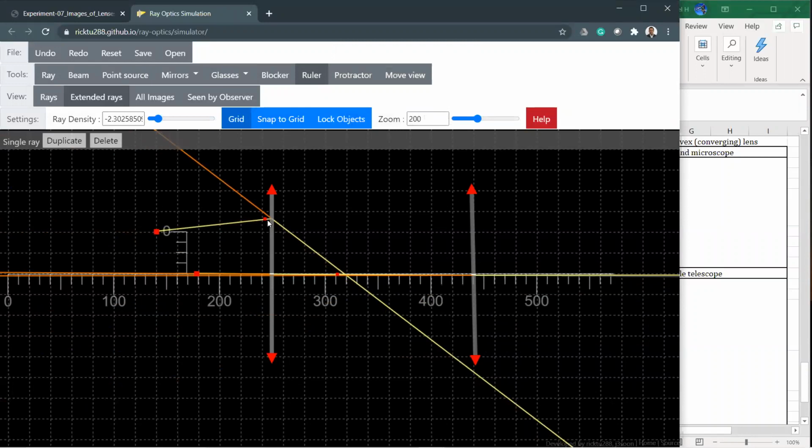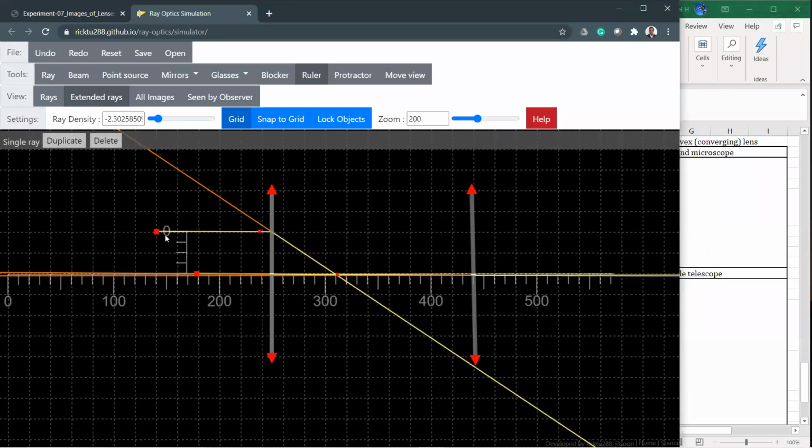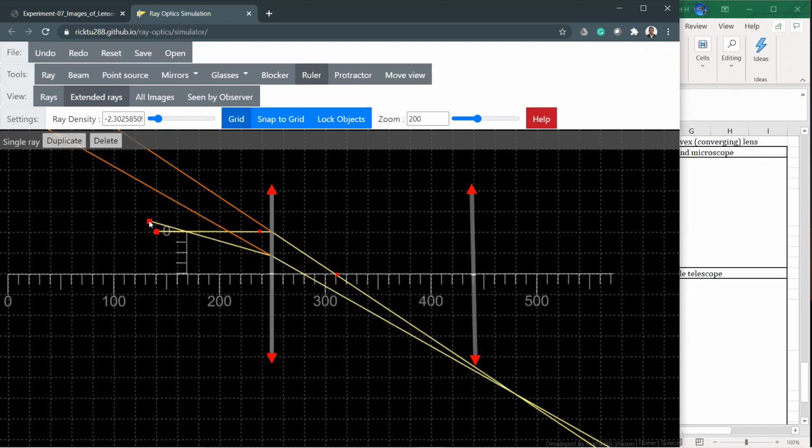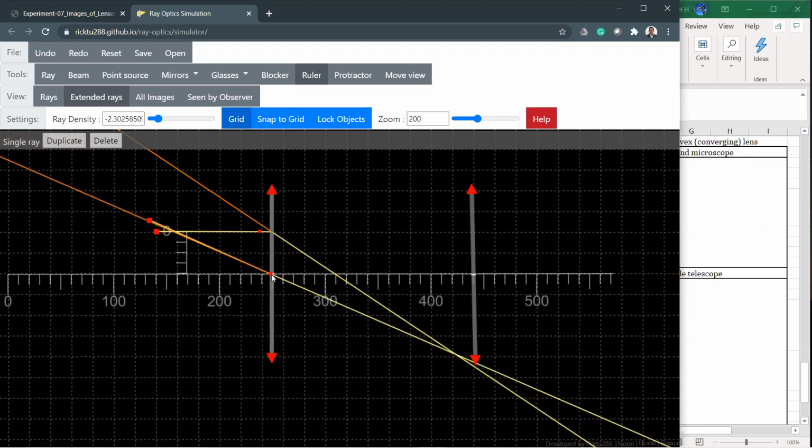Okay. Let's do one parallel ray. Hit lens number 1, and then the other ray as usual, which passes through the top of the object, and that should hit exactly the vertex point of the lens. Then you can see that ray passing through without any bending, right?